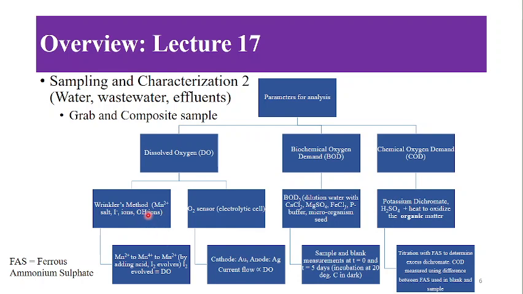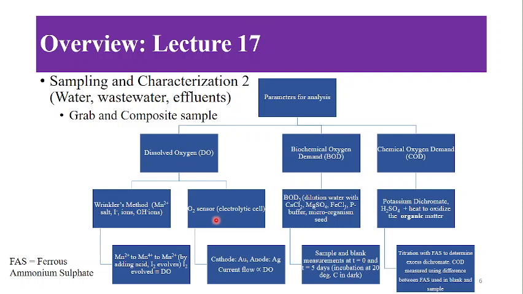When we add these reagents to the sample, the Mn2+ salts get converted to Mn4+ ions, and then we add acid and convert these Mn4+ to Mn2+, and because of that, iodine is evolved. We then use titration to detect the amount of iodine evolved, and the amount of iodine evolved is equivalent to the dissolved oxygen.